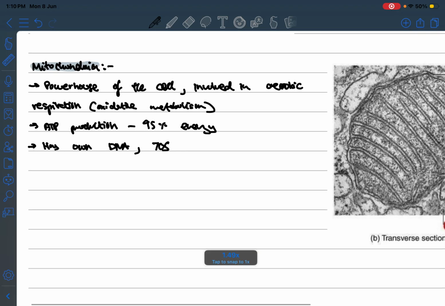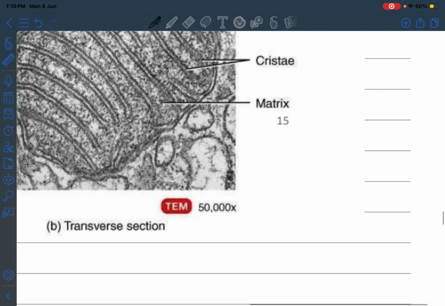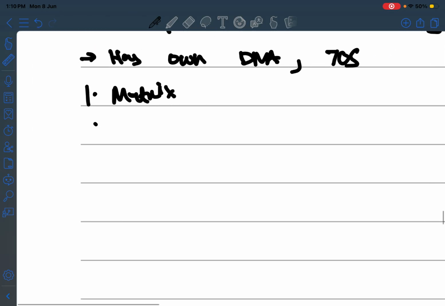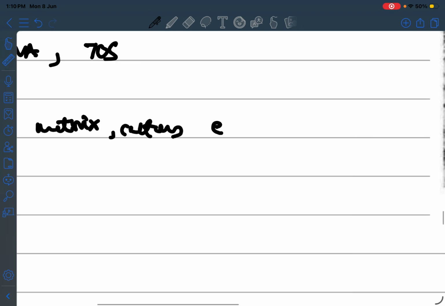Now, in terms of the suborganelles, there are three. One's the matrix. If you just have a look at what that is, it's the inner liquid area. The way we describe it is liquid-filled matrix, and this contains enzymes and things for respiration.